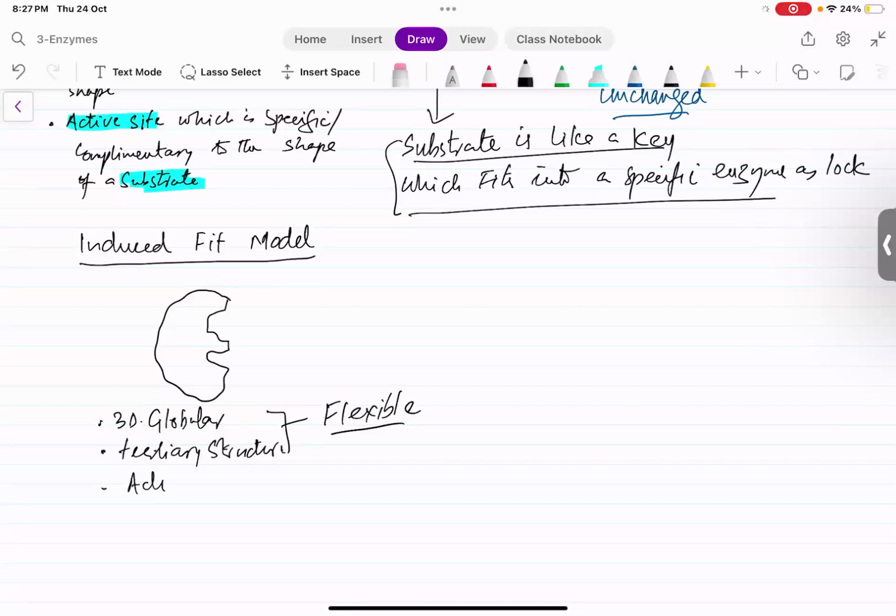Active site is not complementary to the substrate. Okay, so what does that mean?